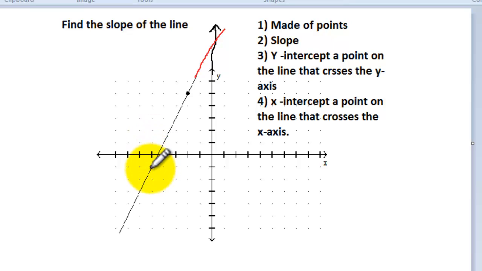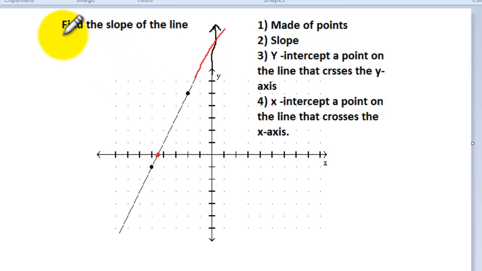It doesn't mean that there isn't a point that will. And this point here crosses the x-axis, that is the x-intercept. That point wasn't given when we were given this line or given this problem, but that point still exists, and you can calculate for that point.